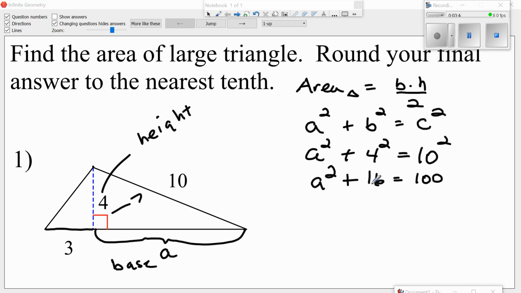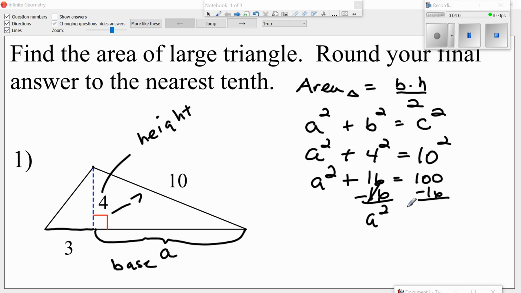I'm adding 16. And if you remember from last year, when you're adding something, you want to undo it with subtraction. So I subtract 16. If I take away 16, I'm left with 0 over here. And A comes down, and it's all by itself now. But I have to keep my equation balanced, so I subtract 16 from over here.